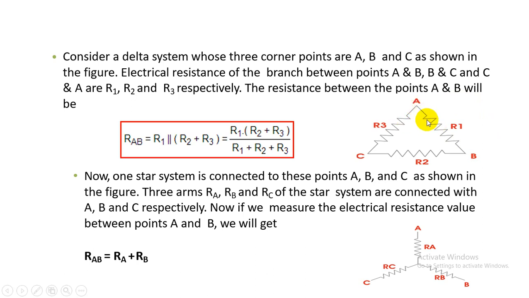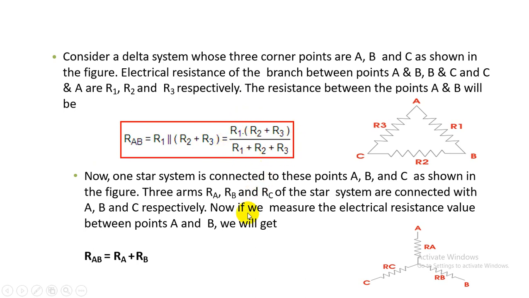Through this node the current divides and comes back like this, and the other current flows directly through R1. Based on the division of current, R3 and R2 are connected in series, and this combination is connected in parallel to R1. So RAB, the resistance between the A and B terminals, will become R1 in parallel with R2 plus R3. With that we get this relation.